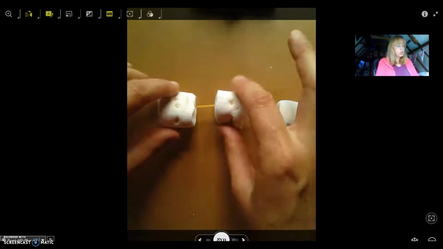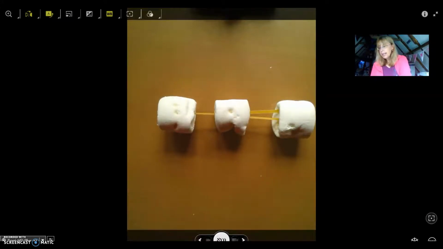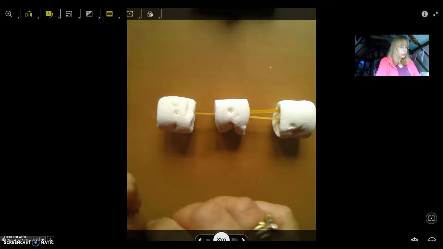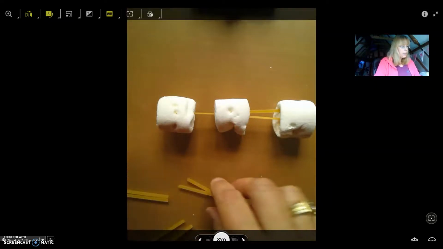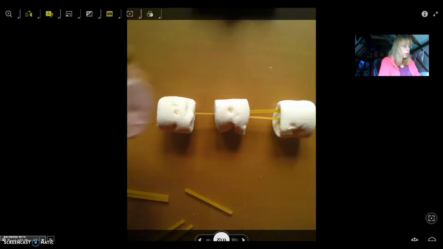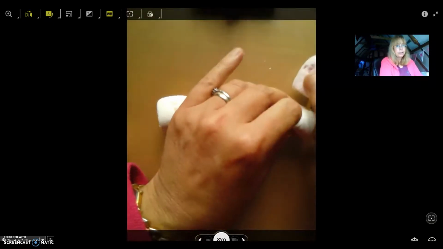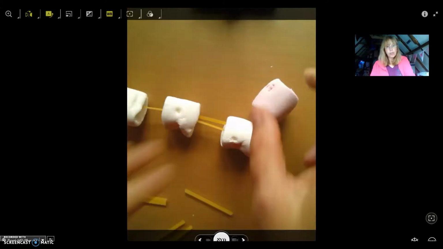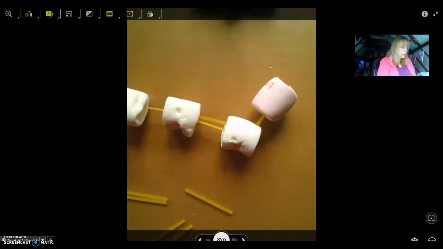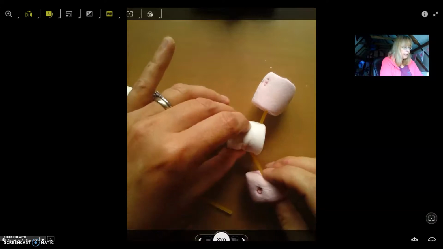Okay, so now let's add on the hydrogens. So I'm going to make sure that my pasta isn't too short. This carbon already has 2 bonds, so I've got to add on the third one over there, and I've got to add on the 4th one, like that.